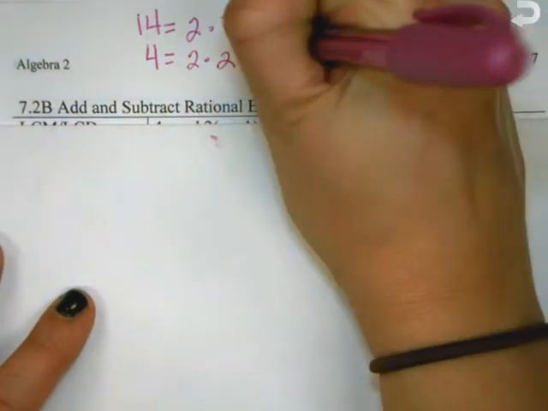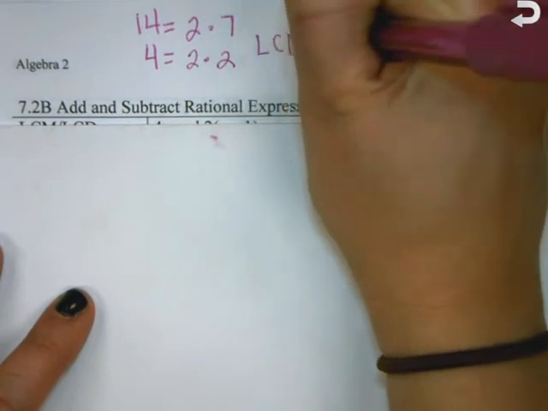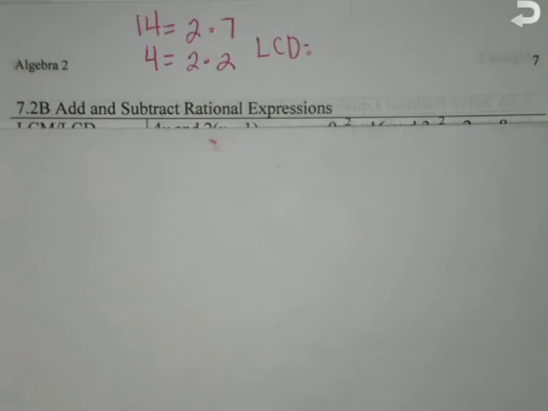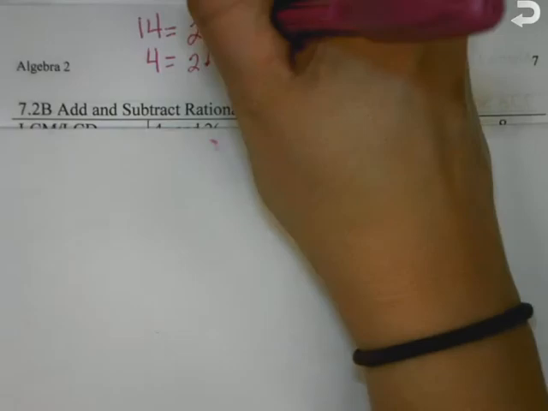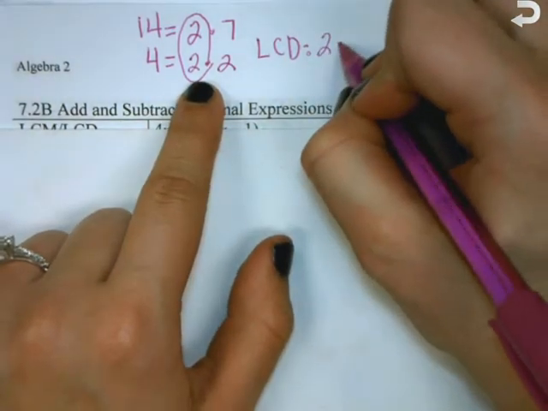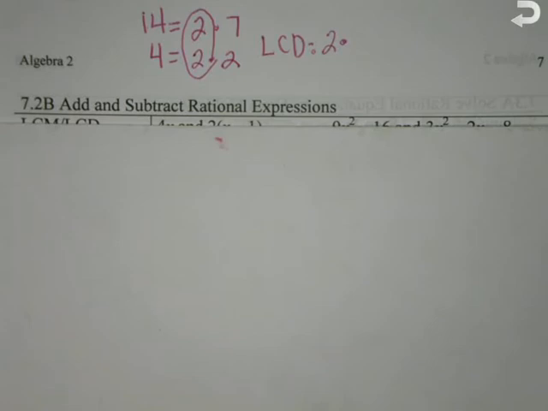Okay, so we want to find the LCD or the LCM, same thing. Do you remember from yesterday, if I have anything in common, how many times do I have to write it? Just once. So one of the 2's we only have to write once. And then we're multiplying by everything else that's not in common.